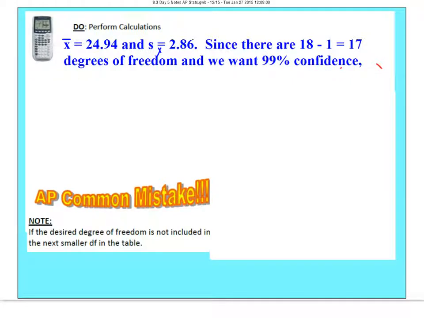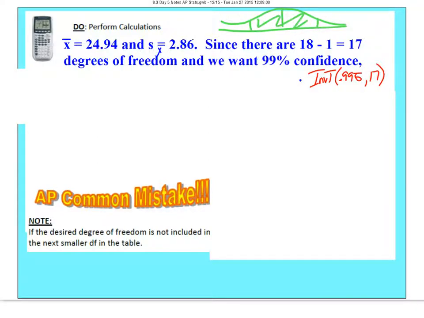So for 99% confidence, we're going to actually have to find the critical value. How do we do it? Let me just sketch it out. Remember, 99% confidence is going to give us this entire region. But we want to know from here all the way down. If this is 99%, it means we have 0.5% in each tail.